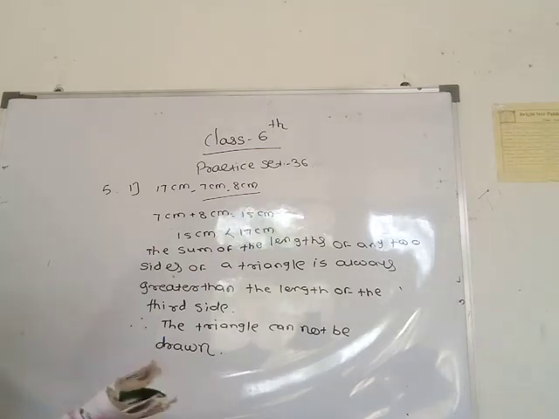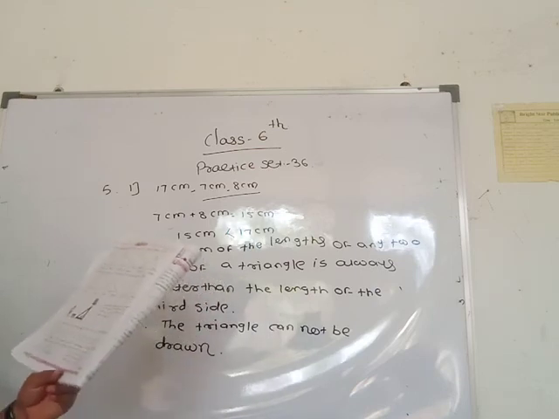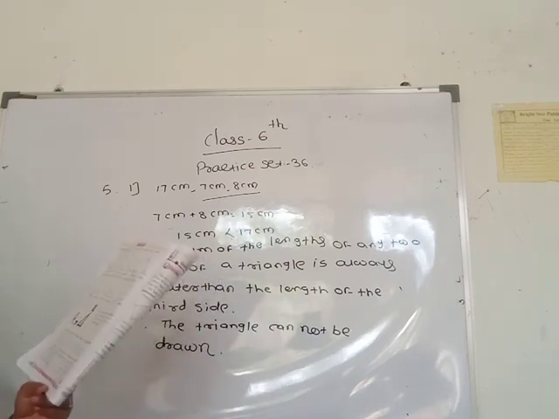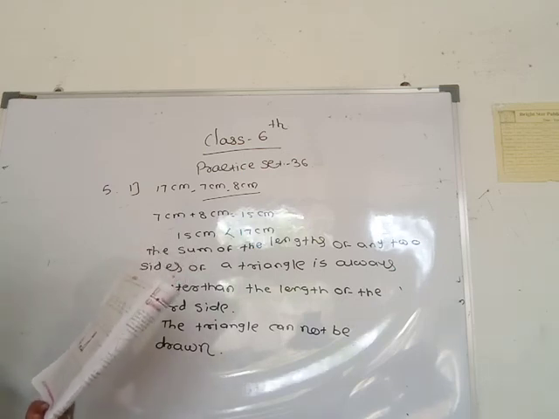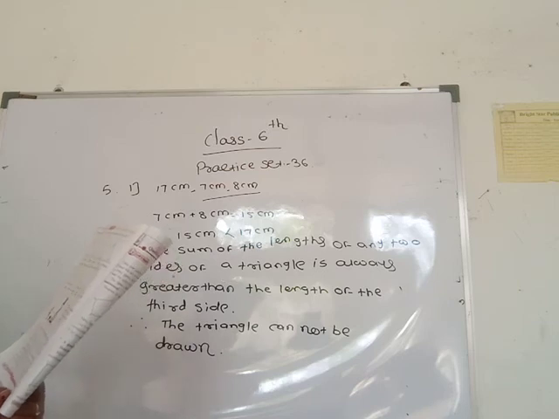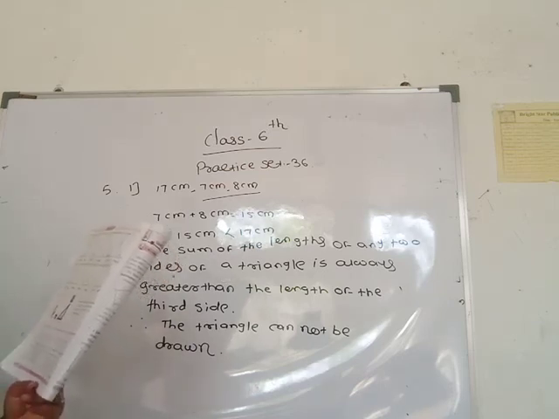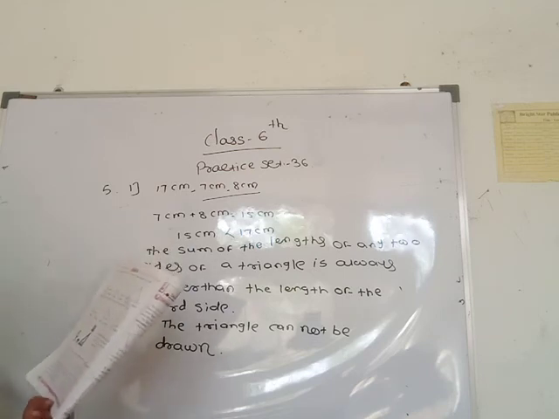Again, some examples are given here. Second one: 7 centimeters, 24 centimeters, 25 centimeters. First add 7 centimeters and 24 centimeters, which is 31 centimeters. This 31 centimeters is greater than the third side. Therefore, a triangle can be drawn.